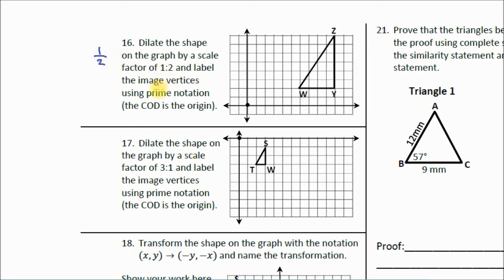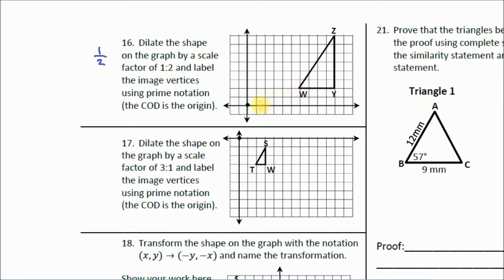Now I see my scale factor is 1 over 2, and that means it's a reduction. I'm going to make a smaller image than my pre-image. Now, just like you can double your squares when you dilate something by a scale factor greater than 1, if you're dilating by a scale factor of 2, you double. By 3, you triple. By 4 times, you go 4 times as far away. For a scale factor of 1/2, you cut it in half.